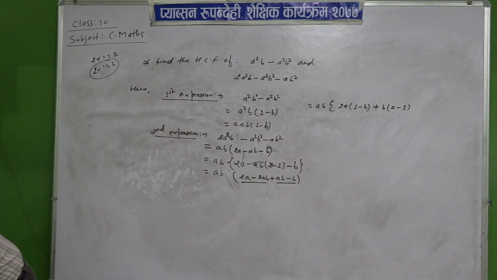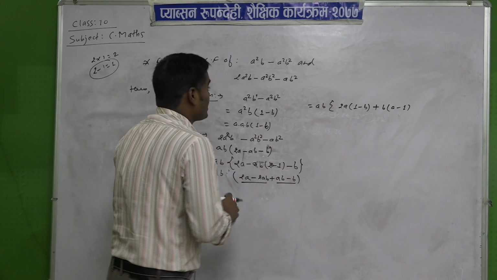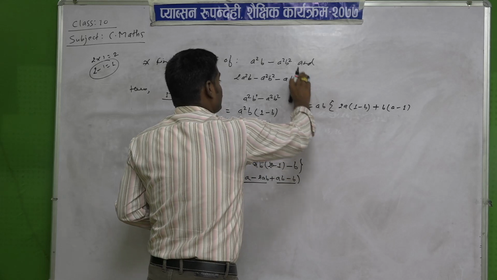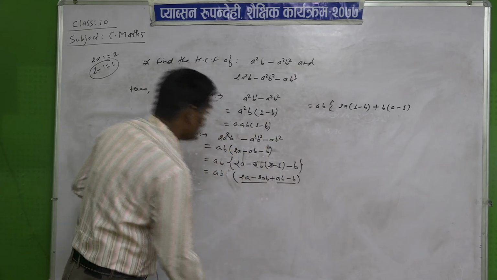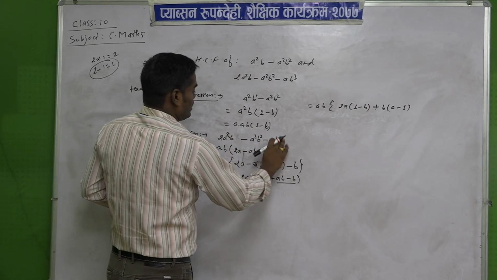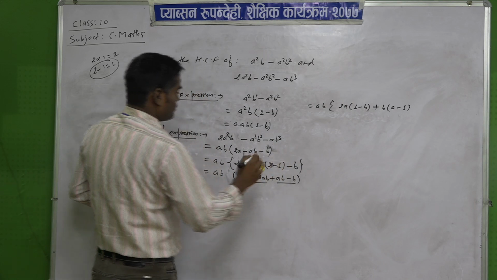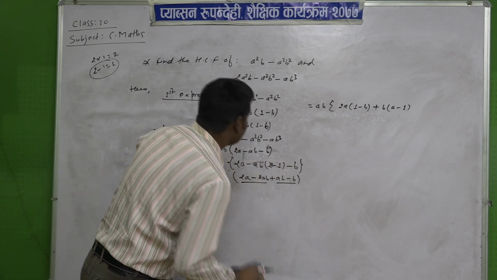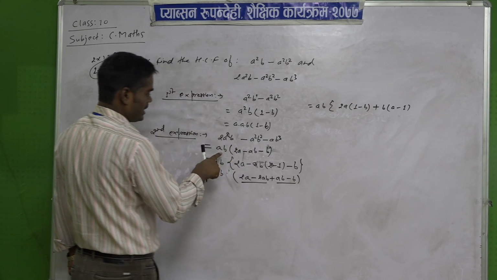What is the problem? The question had a mistake. Sorry, my dear students. In the question it is given b cube. Very sorry. So how much is common here?